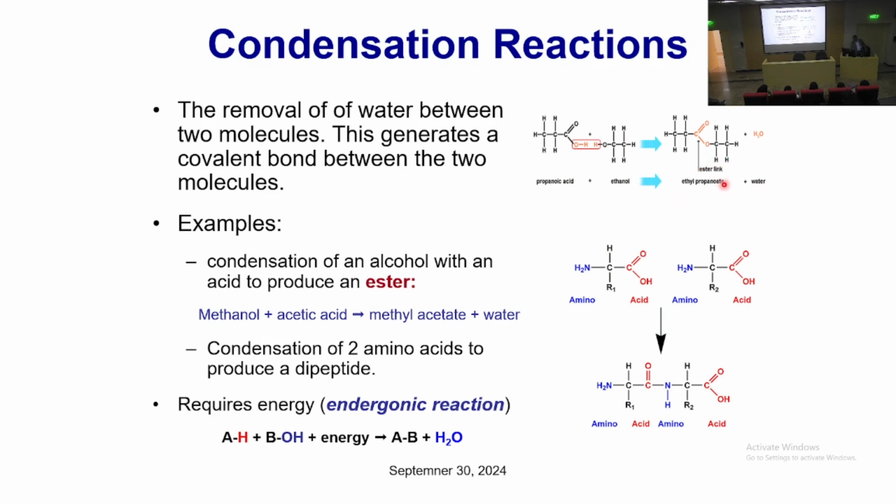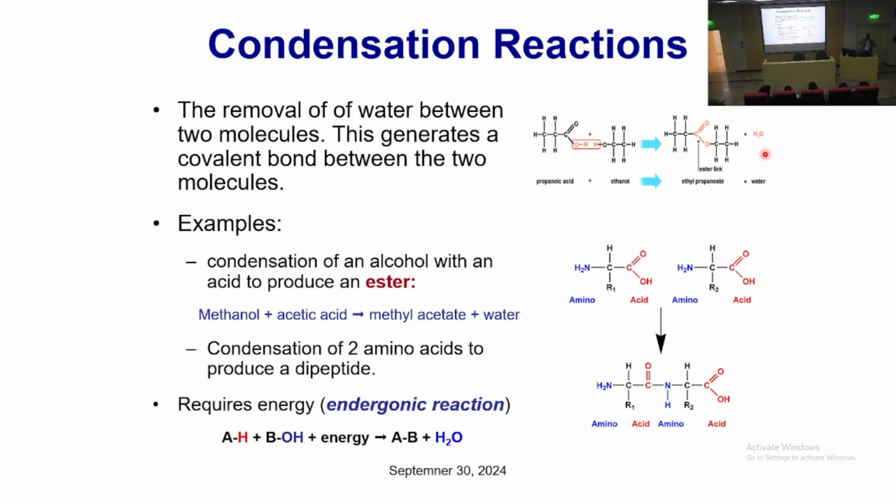We get ethyl propanoate plus water, because the propanoic acid had a hydroxyl group and the ethanol had a hydrogen group. When they condense together, you get this new bond, which is called an ester link or ester bond, plus water. So this is an example of condensation.